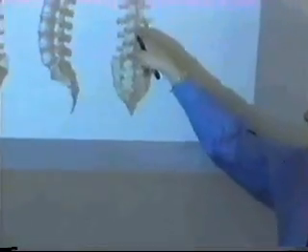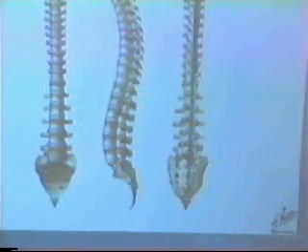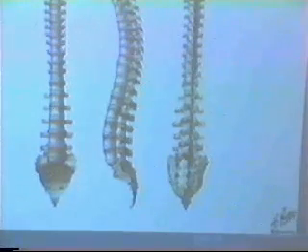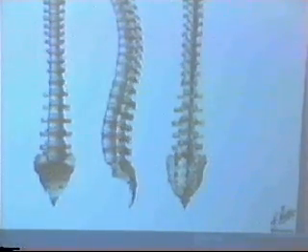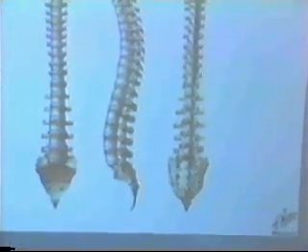Okay? Now, since our objective is to get our needle through an interlaminar space when we do a lumbar puncture, we want that space to be as large as possible. That's the target that we're aiming for, so we want the target to be large. So how do we get that target to be large? How do we get the interlaminar space to increase in size?